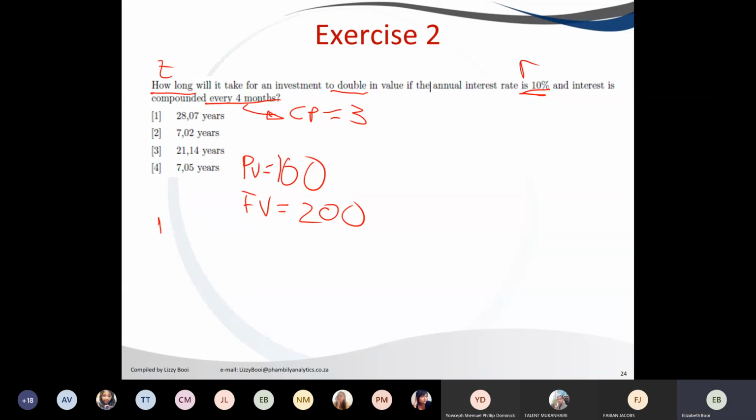It cannot be quarterly, it cannot be half yearly, it cannot be weekly. It's compounded every 4 months. So this is a new one. If a year has 12 months, every 4 months means the first 4, the second 4, and the third 4 make up the 12 months.